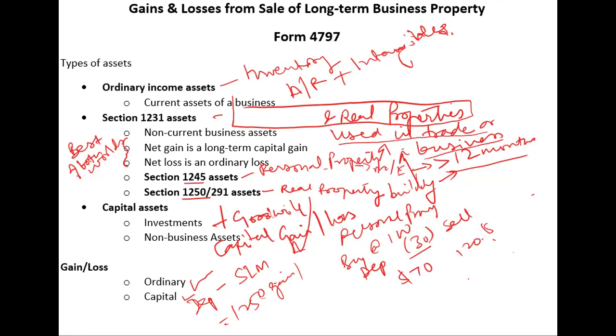In this case, the section 1245 gain will be $30, the recapture of all accumulated depreciation.